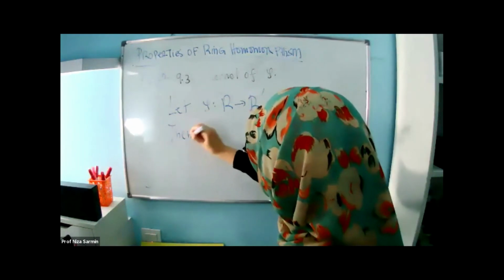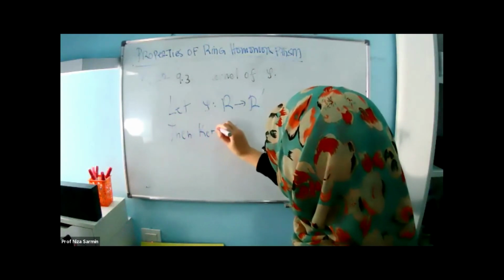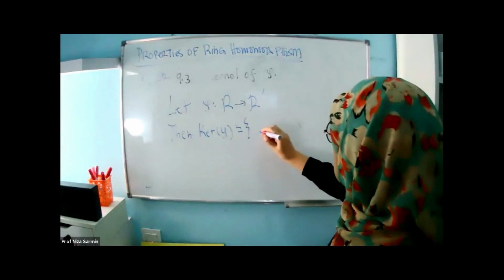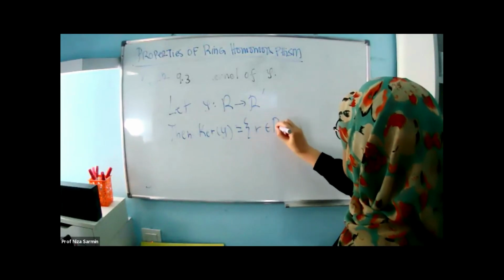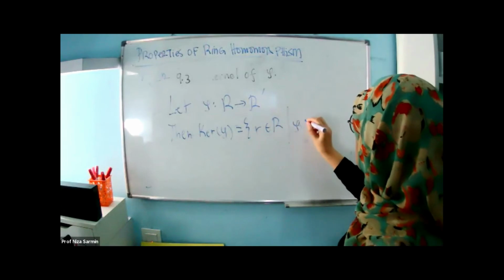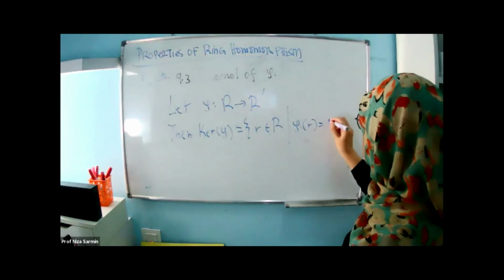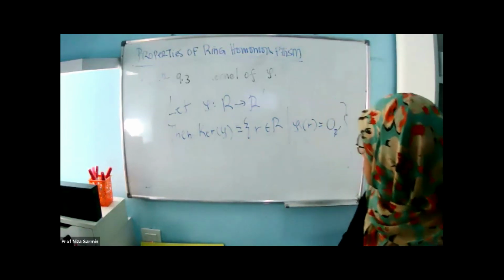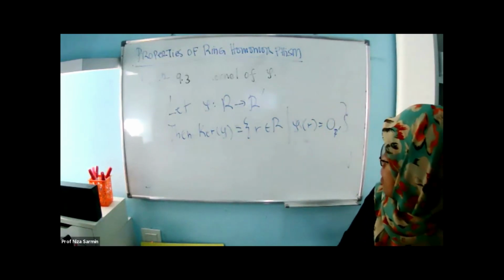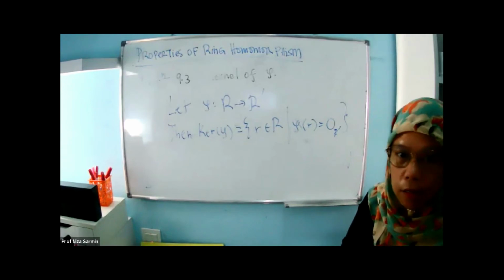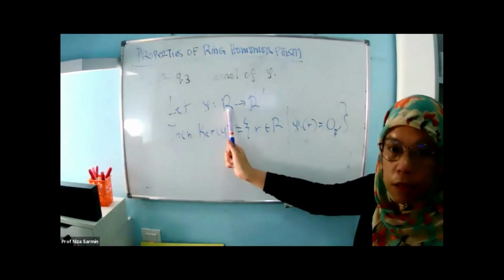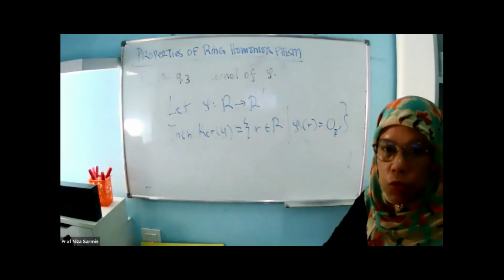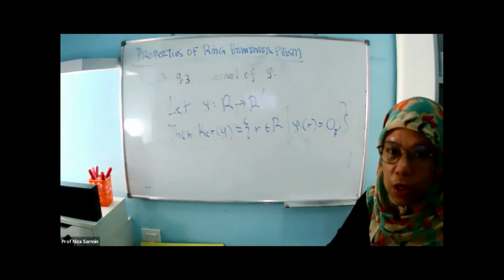Then the kernel of psi equals the set of r in R such that psi of r is mapped to 0 in R prime.